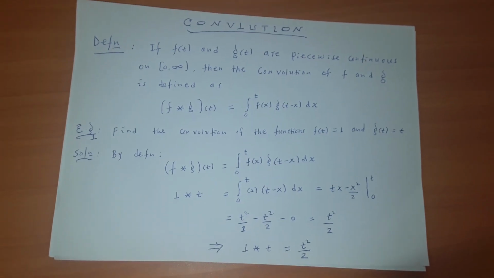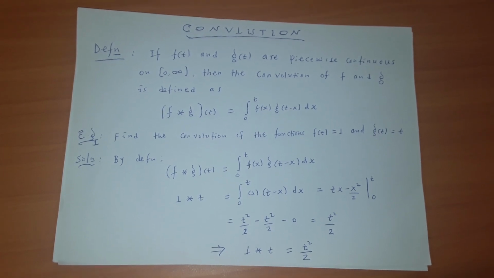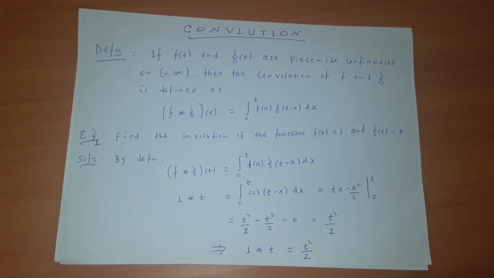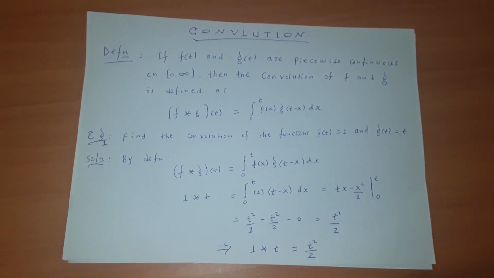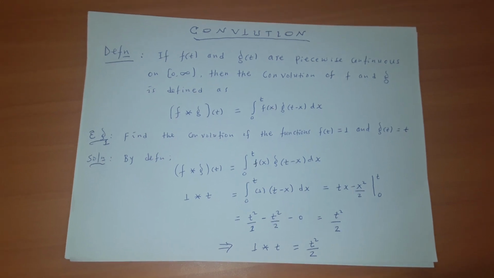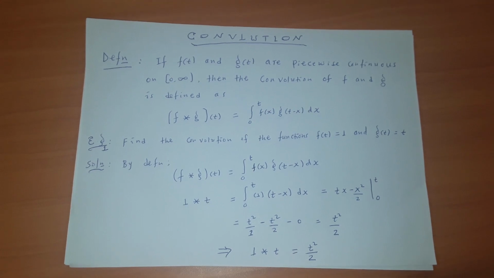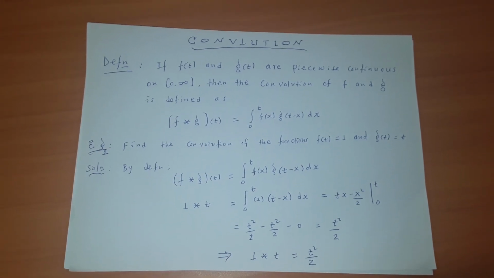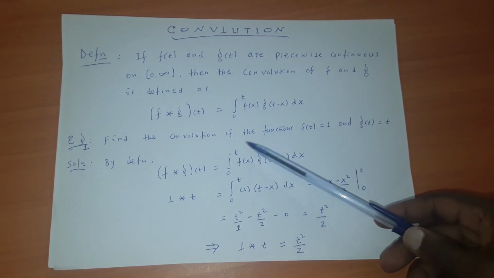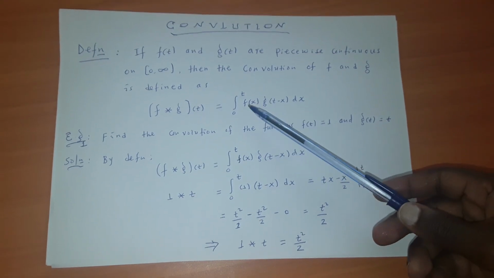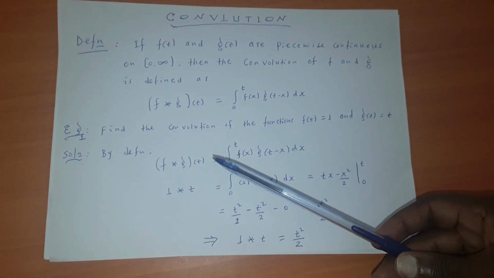If f of t and g of t are piecewise continuous on 0 up to infinity, that means f and g are continuous except at a finite number of points in the domain, where the function may possess a jump discontinuity, then the convolution of f and g is defined as the integral from 0 to t of f of x g of t minus x dx.